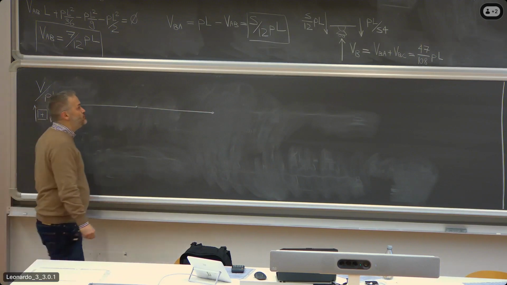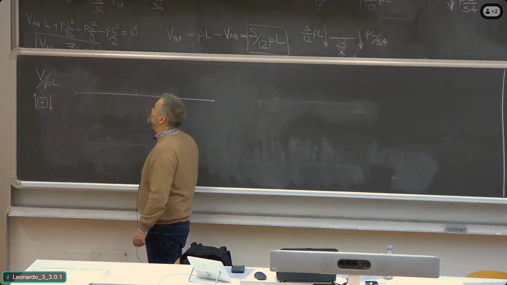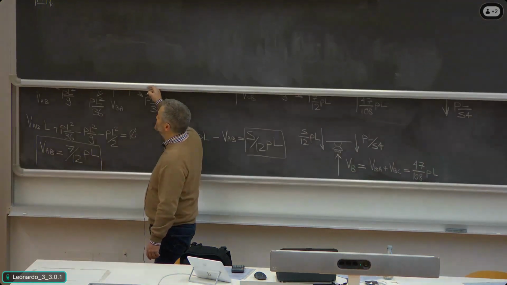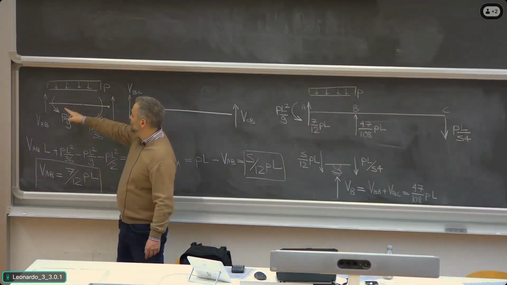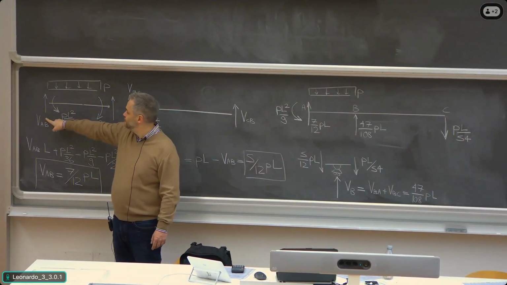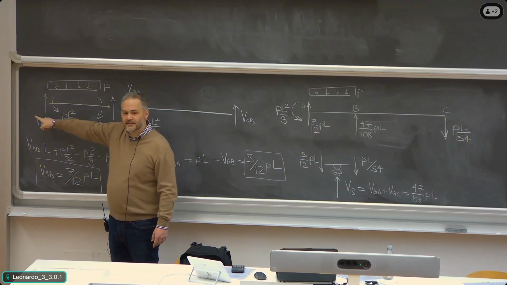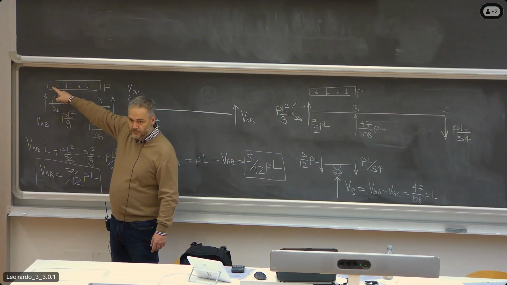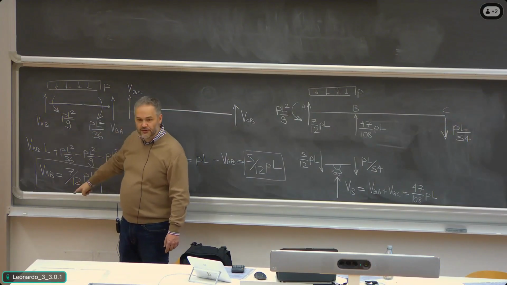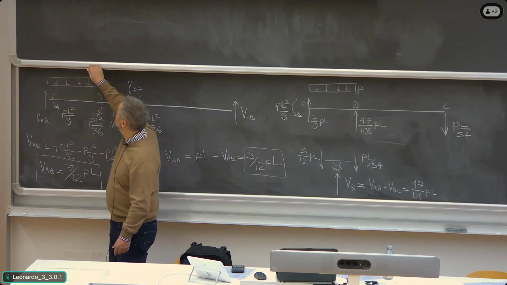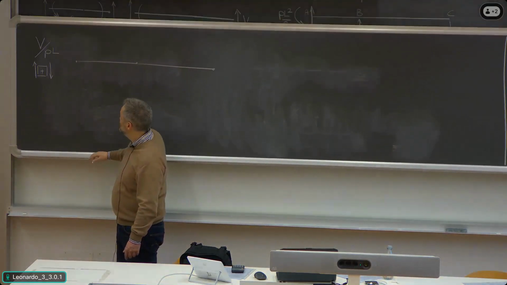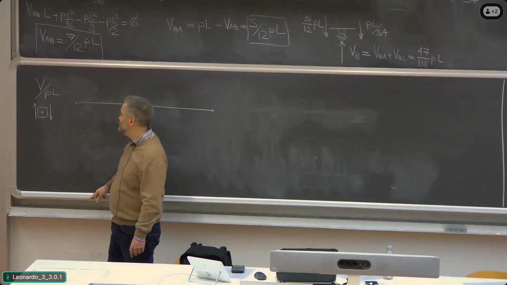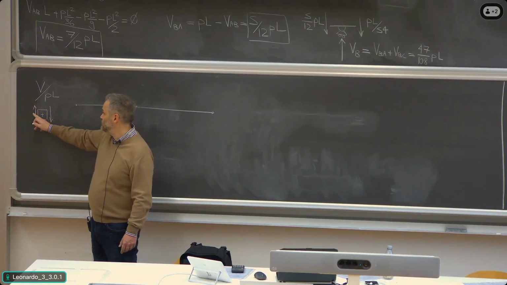Let's go back to the internal forces I previously determined. Here we have VAD at the left end of the beam. It's upwards. The value is 7 over 12 PL. My conventions are positive if on the left side it is upwards.